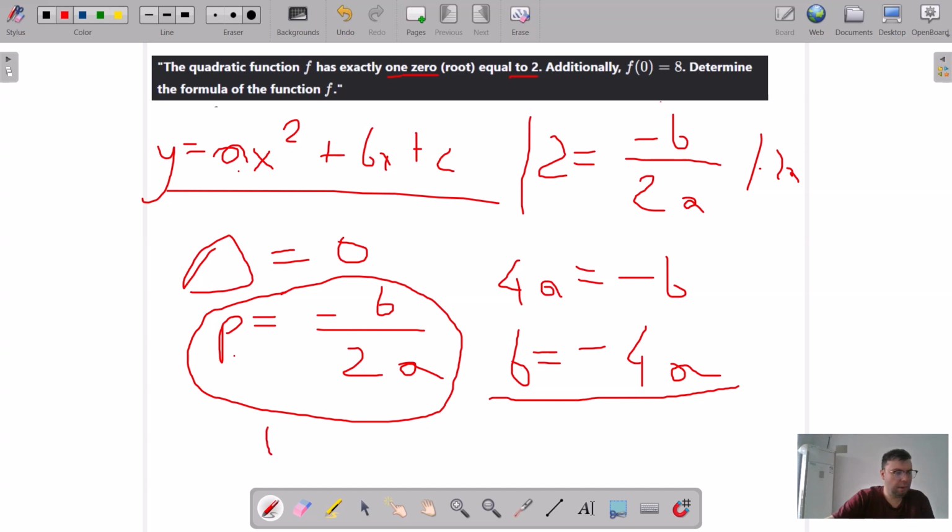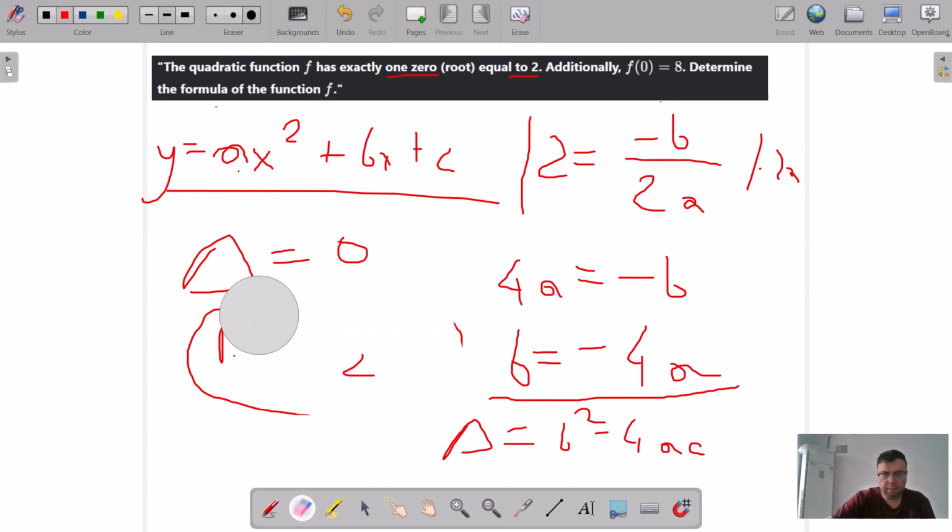And we also know that delta equals 0, so we can write that b squared, because delta equals b squared minus 4ac. And again, we can substitute b with minus 4a. So we'll create an equation and see where it will take us.